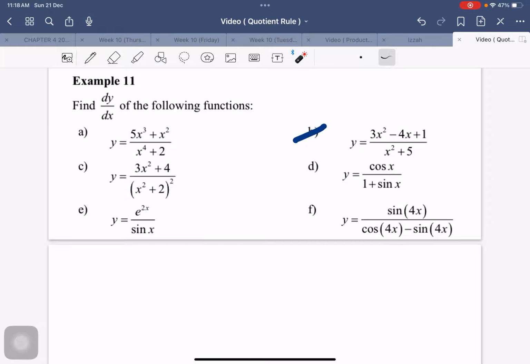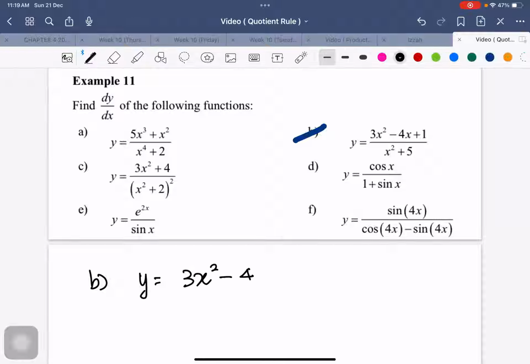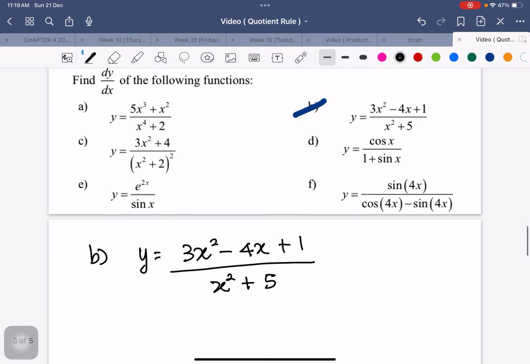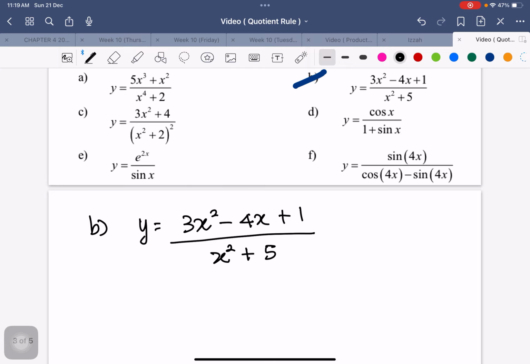Okay, so kita try buat yang ni. As for B, y is equals to 3x squared minus 4x plus 1 over x squared plus 5. Tadi kita kata syarat untuk pakai quotient rule, yang dekat atas ni akan jadi u, yang dekat bawah ni akan jadi v.